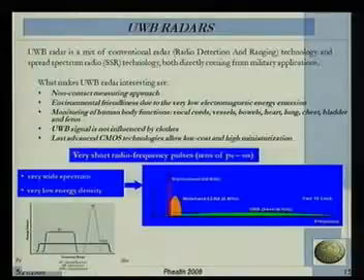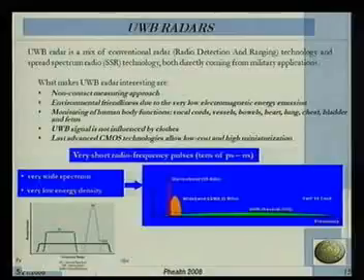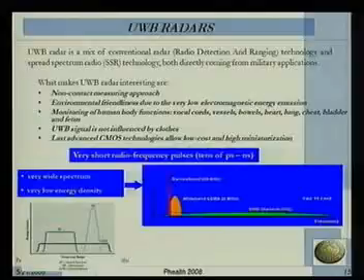In comparison with other radio frequency technologies such as spread spectrum or narrow band, the ultra-wideband has a very low energy. And this is a big advantage because there's no interference with other devices working in the same frequency range. Then there is very low electromagnetic energy emission.